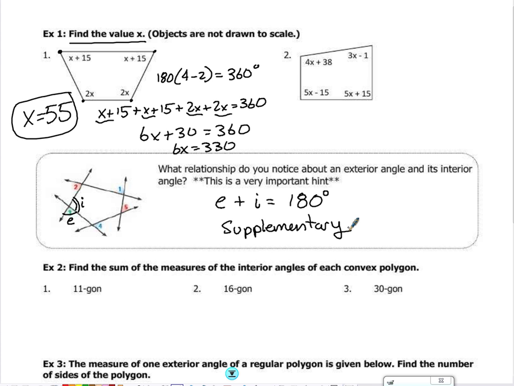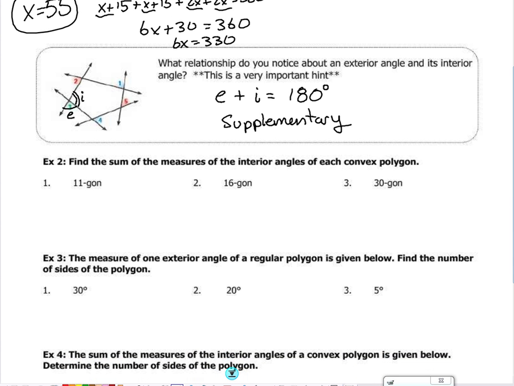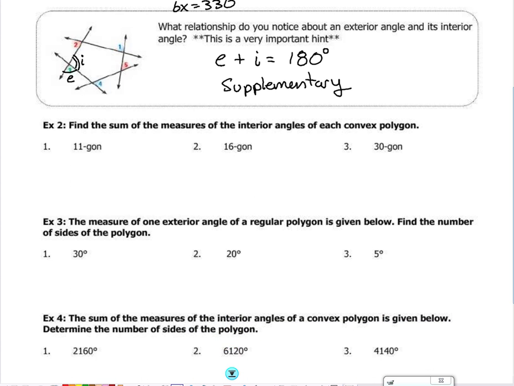Here we have to find the sum of the measures of the interior angles. So if you're trying to find the sum, there might be 2 different ways to do it. You can go through the table route to find that sum of interior. The tough thing about that is you have to start all the way over here at 360 and work your way around the chart. So that's a couple of extra steps to get from point A to point B. It might be more helpful to remember my formula.